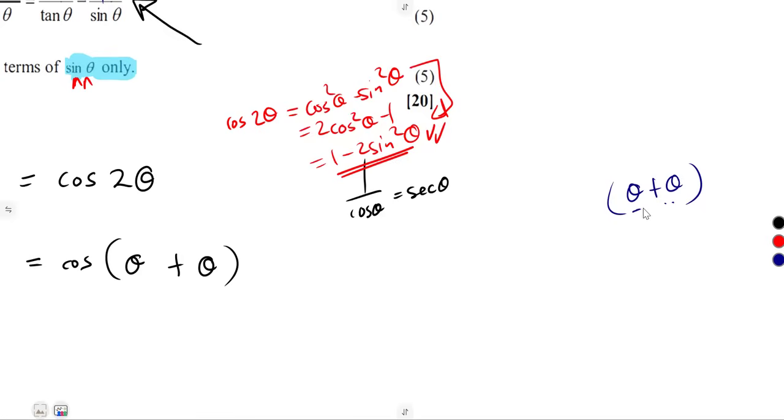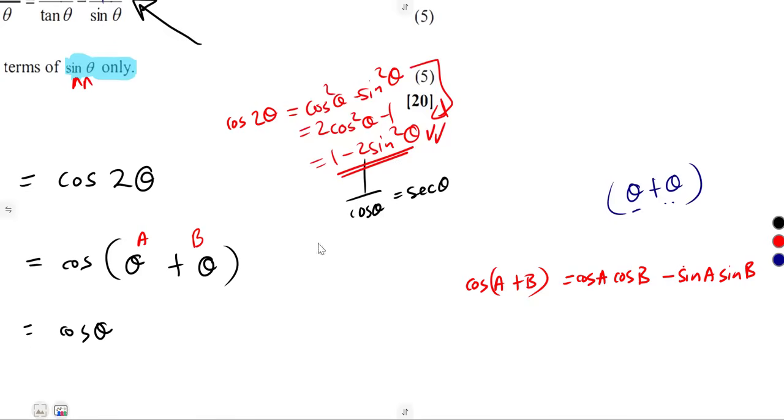Remember, from our compound angle identities, the cos of A plus B is supposed to give us the cos of A times the cos of B, minus, we put a minus, then it will be sine of A, sine of B. So this is our A, this is our B, guys. It is the same thing. So cos theta, cos B, our B is also theta, so it's cos theta again, minus sine times sine, that is the sine of theta times the sine of theta.